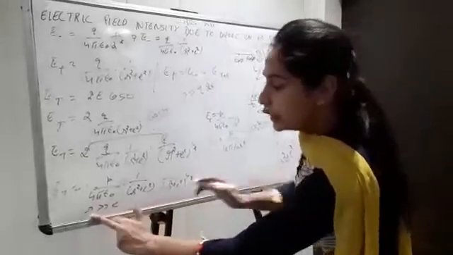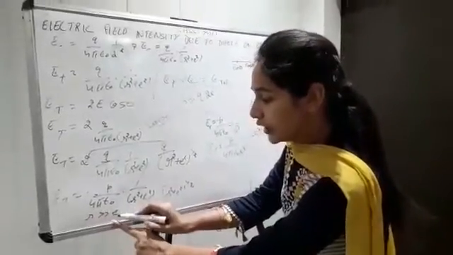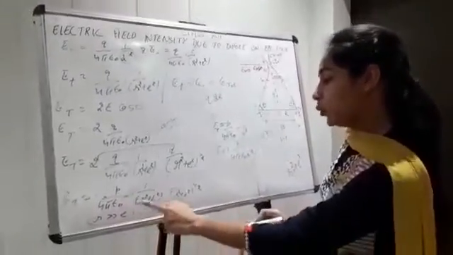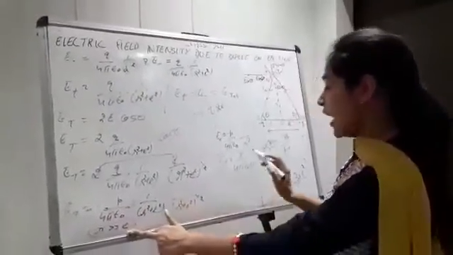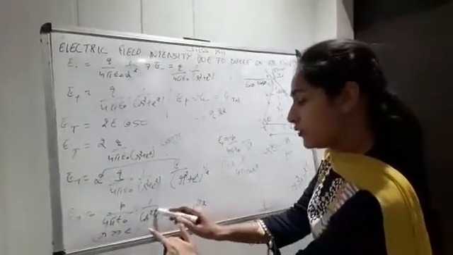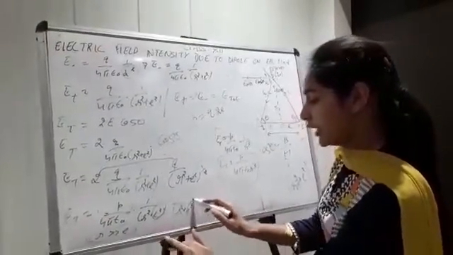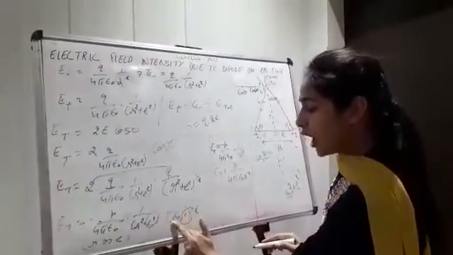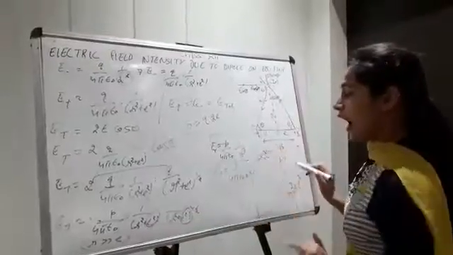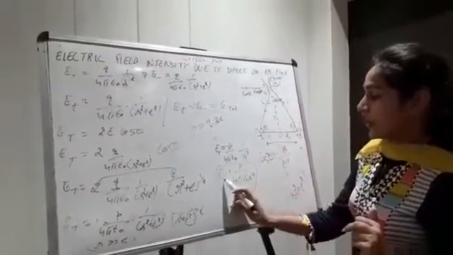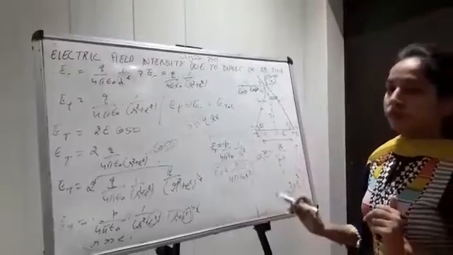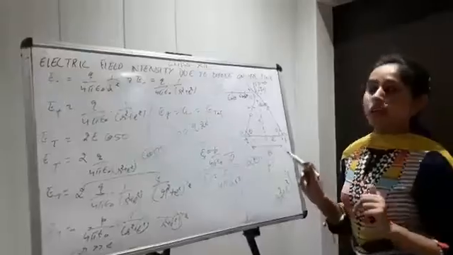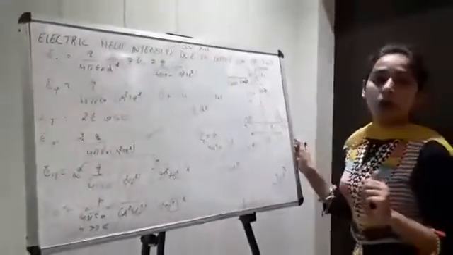Now just consider if R is very much greater than L. Then we can neglect the L. This L will be neglected, this L will also be neglected, and this 2 will get cancelled out by 2. We are having R square into R, it will come 1 upon R cube. So our electric field will become E is equal to P upon 4 pi epsilon naught R cube. So that was our topic of electric field intensity due to dipole on the equatorial line.